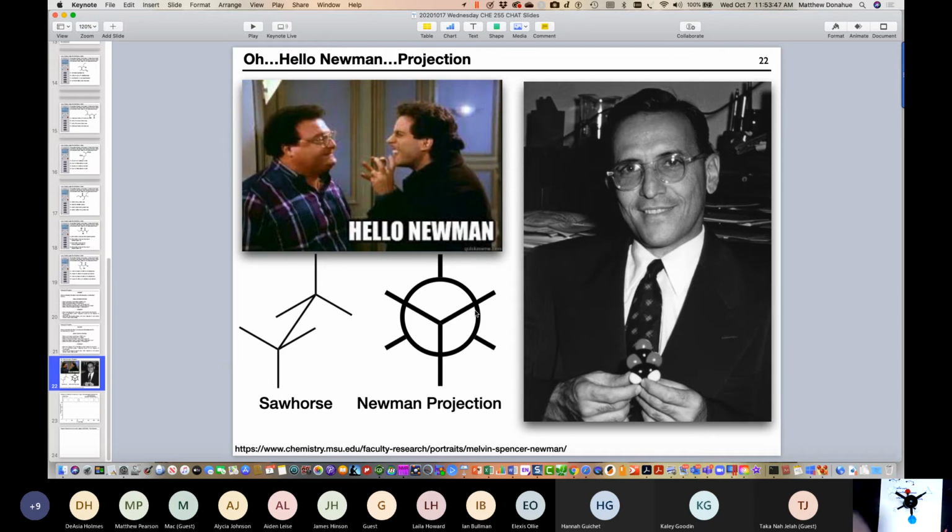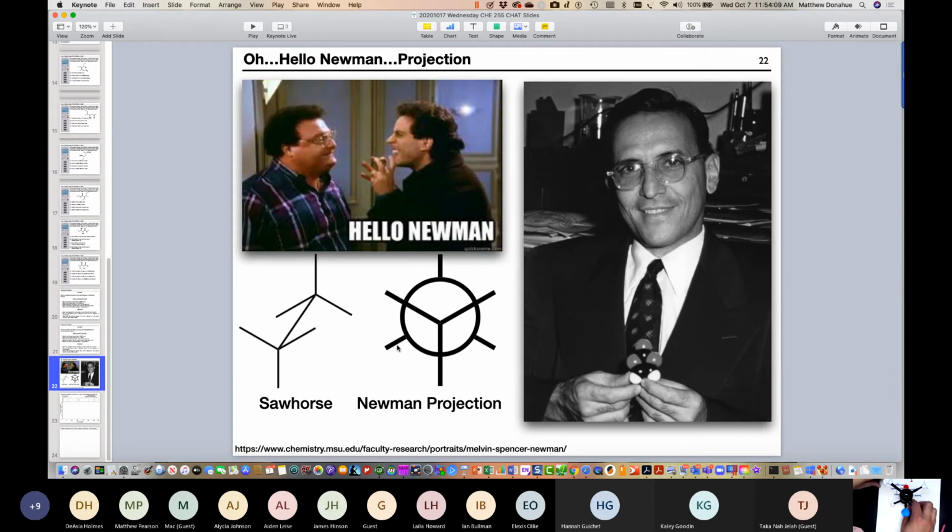Then the circle that you see, this circle of the Newman projection, that's sort of the rear carbon. And see this bond here, this, and this. That's why you only see a little bit of them projecting out from the back carbon.